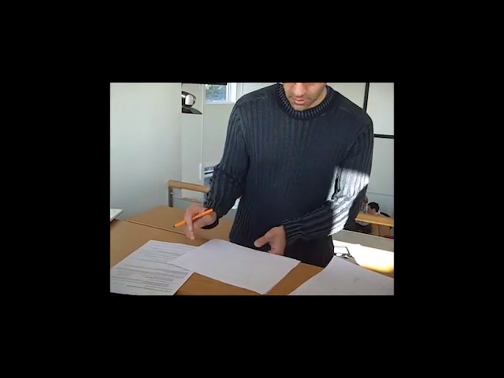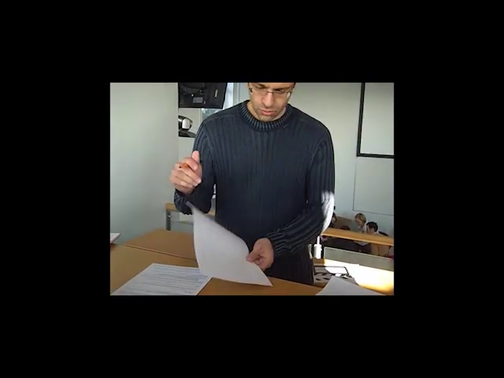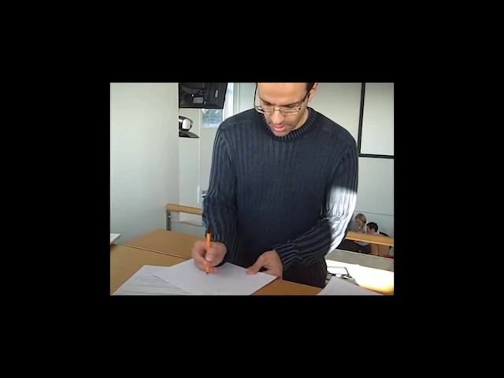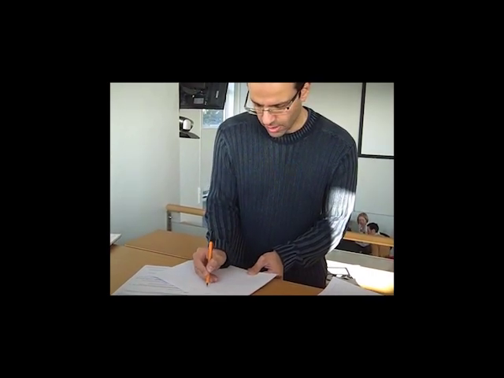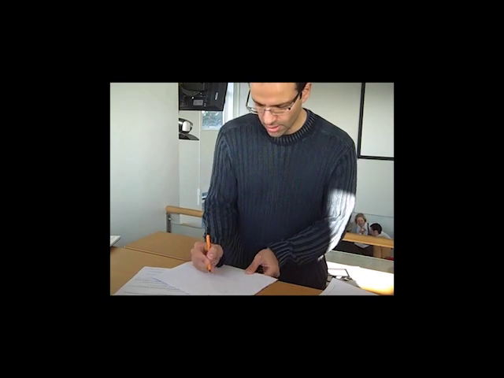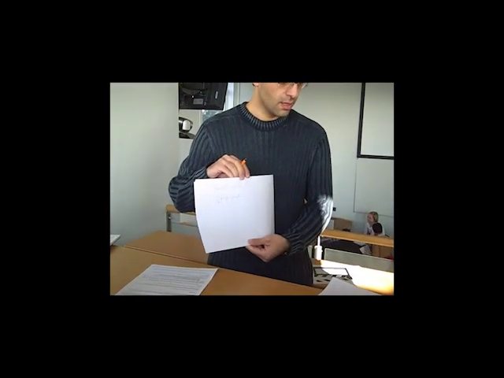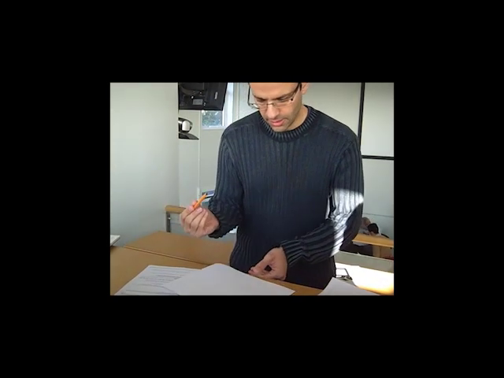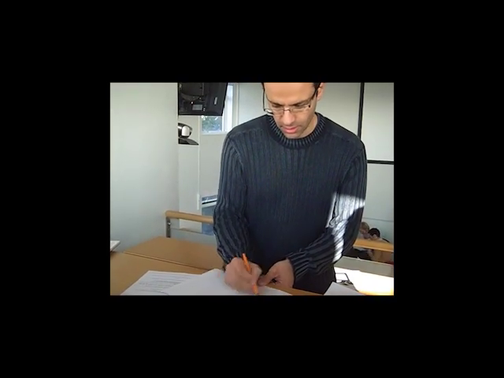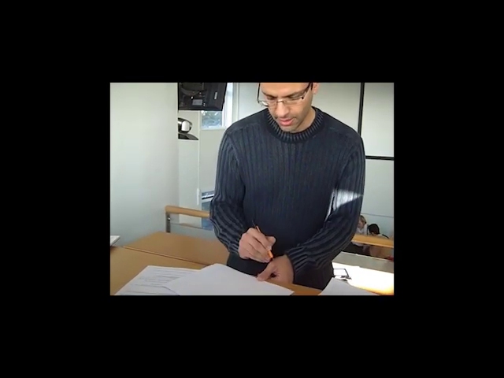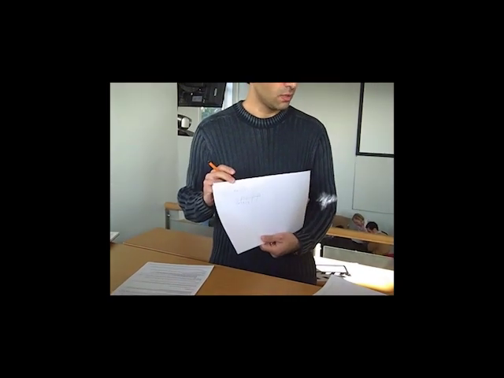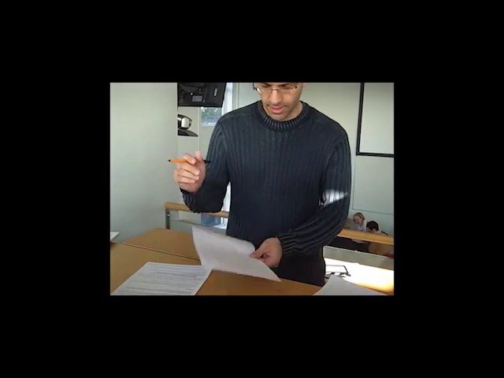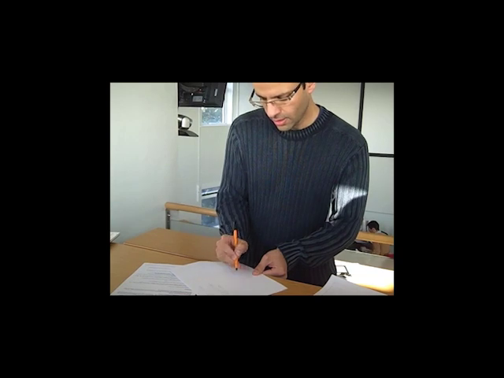Just for a start, make a table with x and P(x): 0, 1, 2, and 3, and then apply the function. For 0, the result is 0. For 1, it is 1 multiplied by C. For 2 to the power 2 multiplied by C, it is 4C, and then 9C.